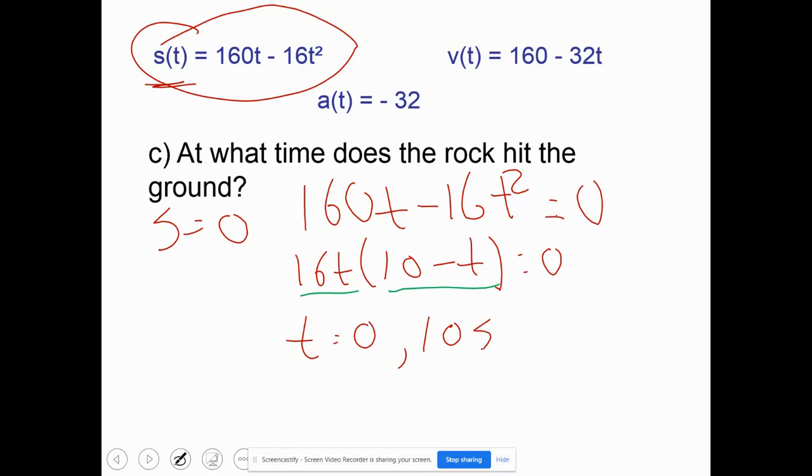And this was in seconds. So as it turns out, it was at 10 when it hits the ground, and the reason for that is we actually started at a height of 0. So in the first 5 seconds, the rock was increasing. In the last 5 seconds, it was decreasing, and then finally it hit the ground again. Now, the 0 is not the answer. The 10 is the answer. So the rock comes back and hits the ground after 10 seconds.